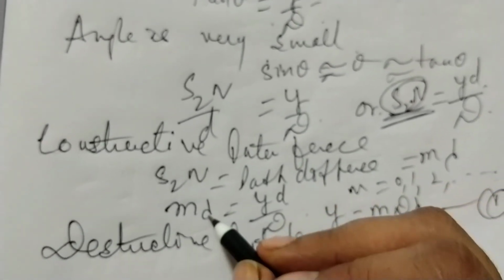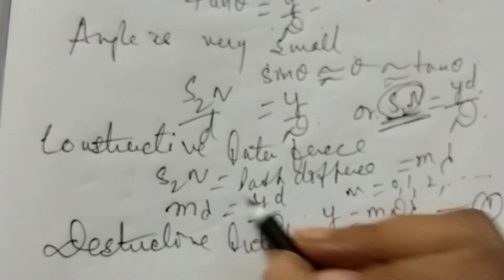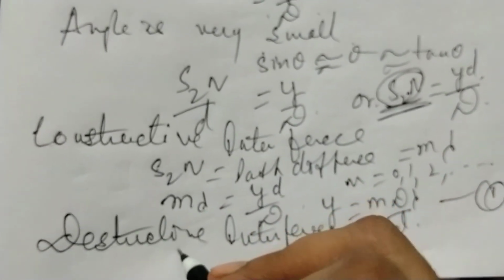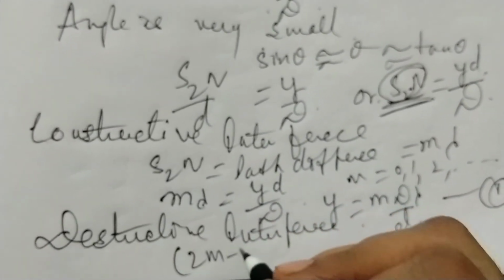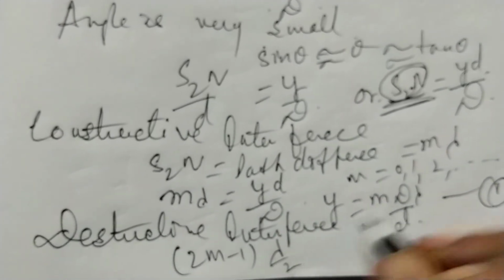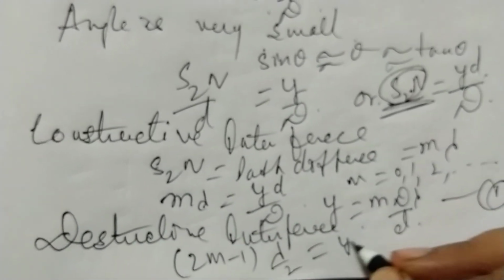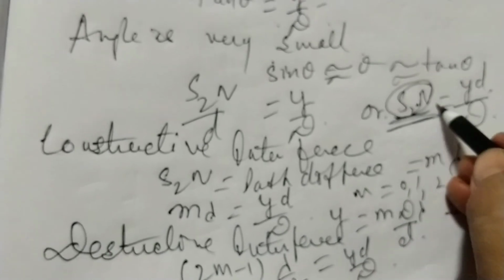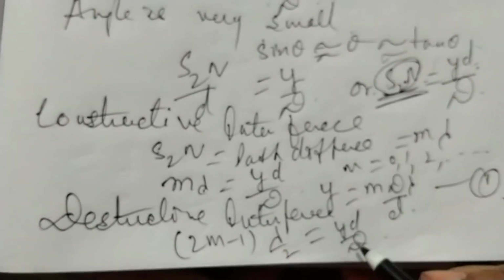Now when we look for the destructive interference, we will have the path difference equal to 2m minus 1 lambda by 2. This will be equal to y small d by capital D, because we have already got the path difference value. Let us substitute this in that equation, since ultimately we are finding y.